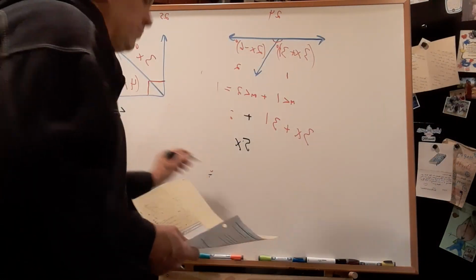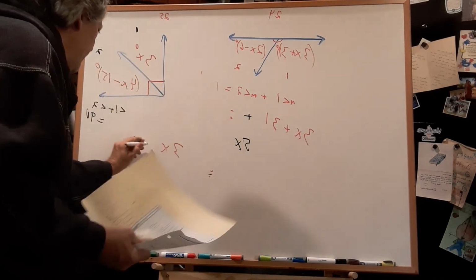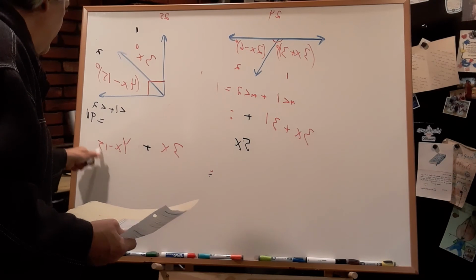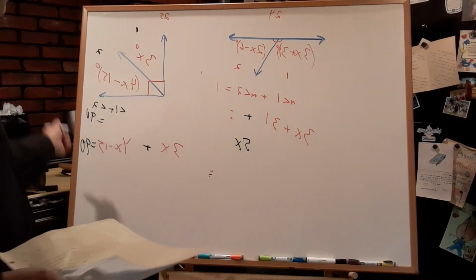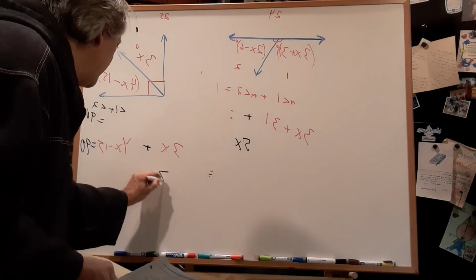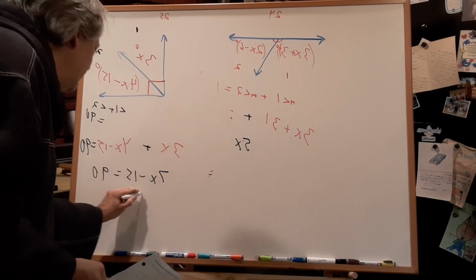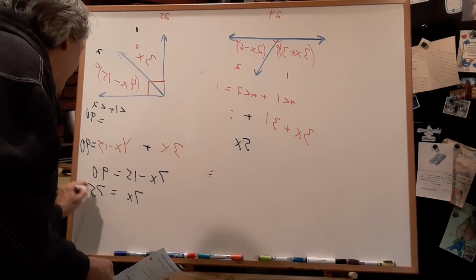So 3x plus 4x minus 15 equals 90. Same thing, combine like terms: 7x minus 15 equals 90. So 7x is equal to 75.